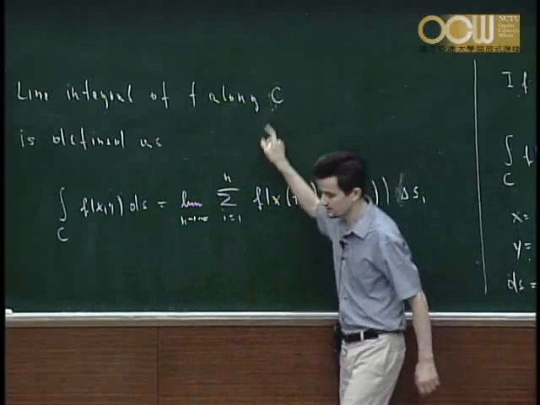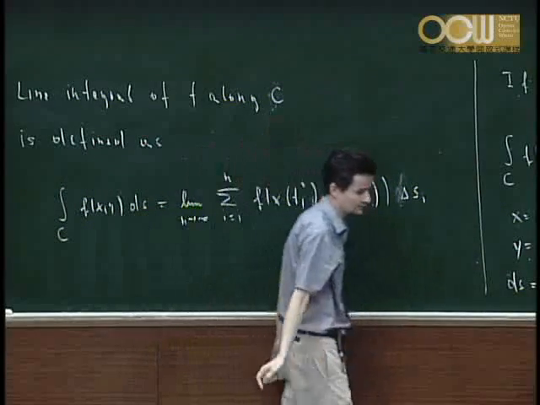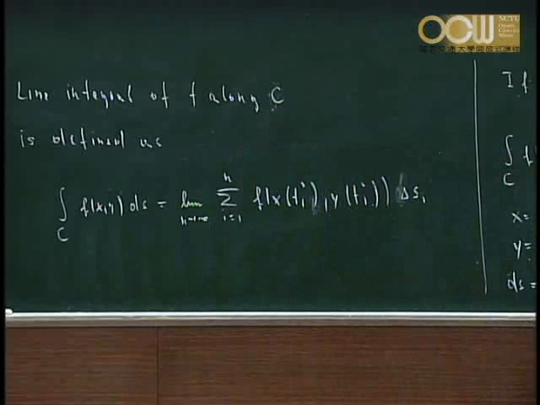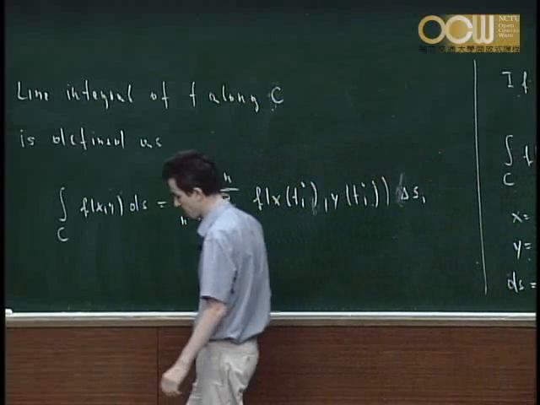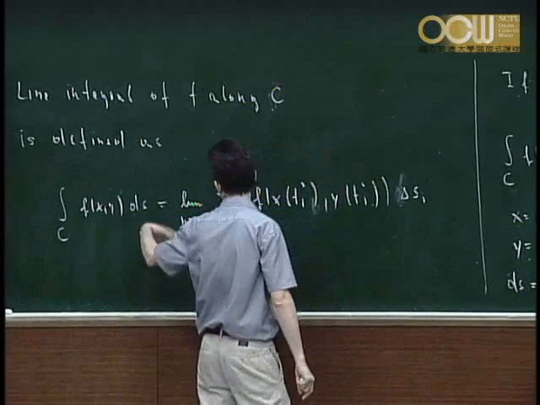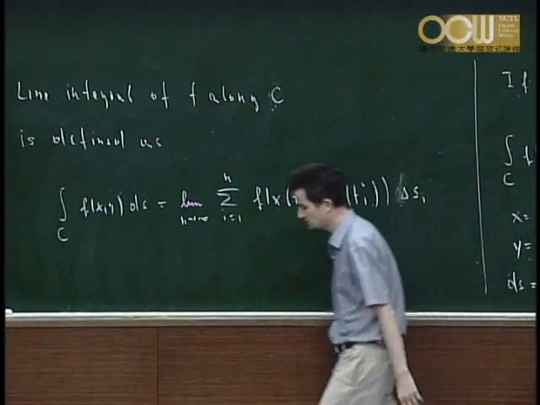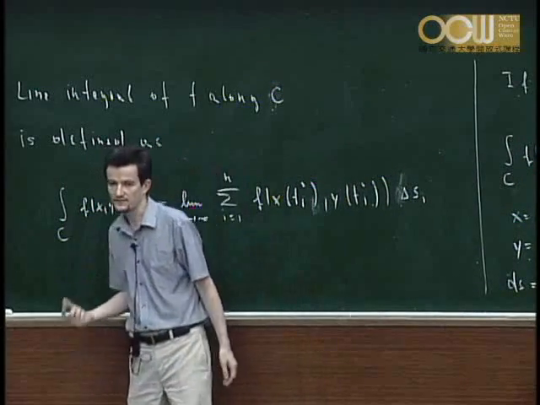Smooth means that C as a vector function is differentiable and the derivative is not equal to 0. But actually, of course, this definition can easily be extended to the case where C is not necessarily smooth, but piecewise smooth.